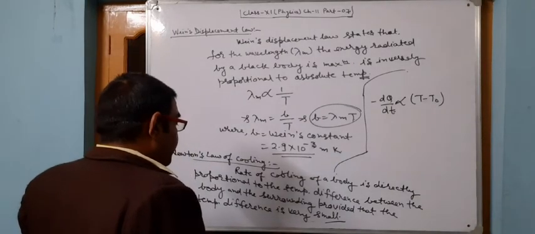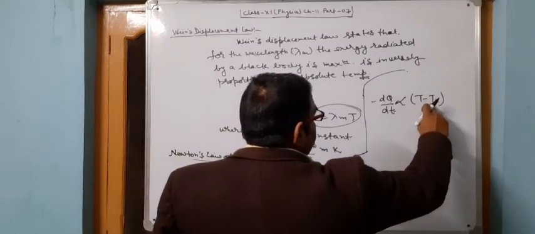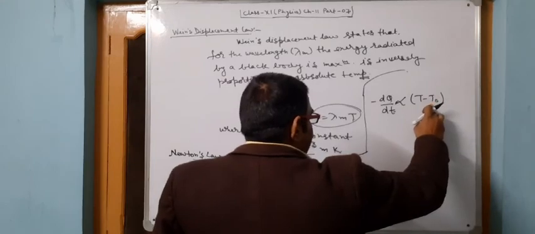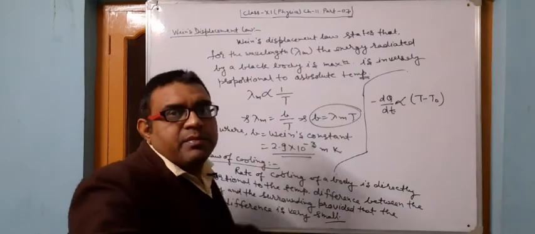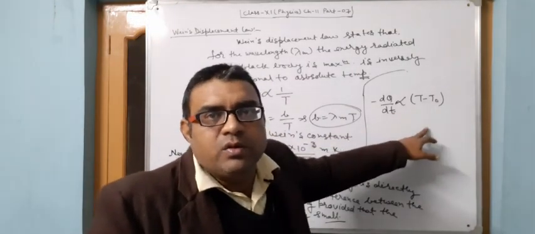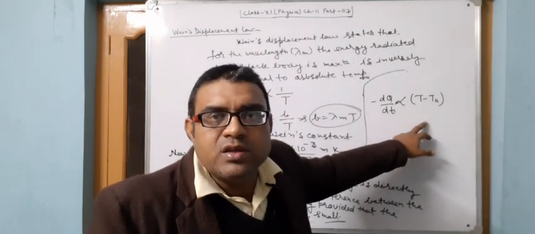So the temperature of the body is more and the temperature of the surrounding is less. So the body emits heat to the surrounding and the body cools down due to the emission of heat to the surrounding.